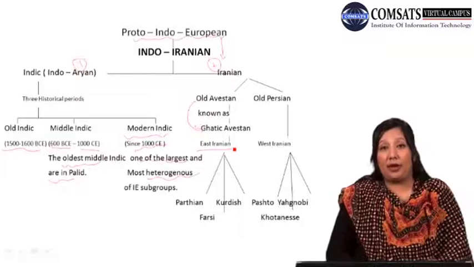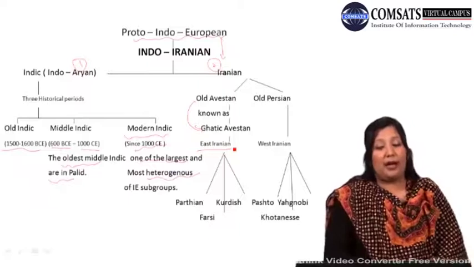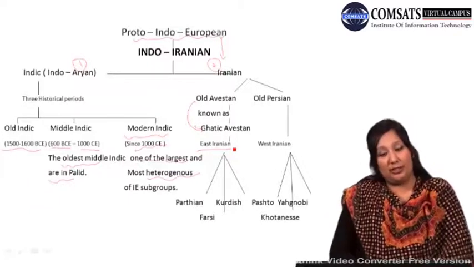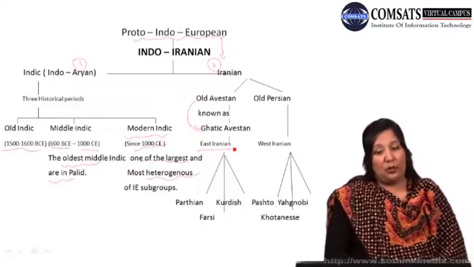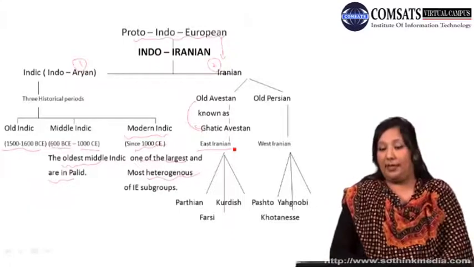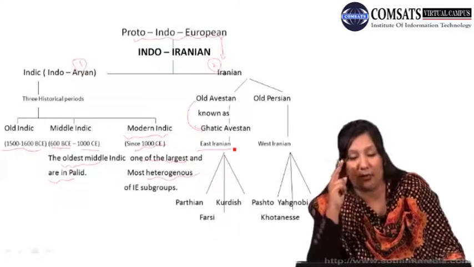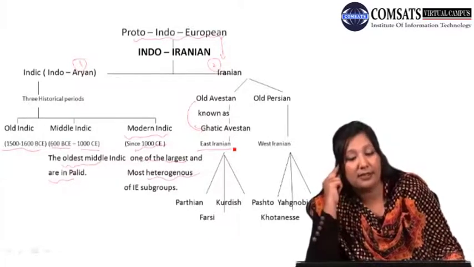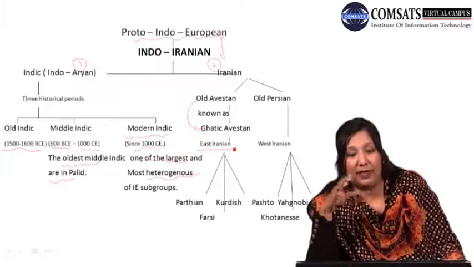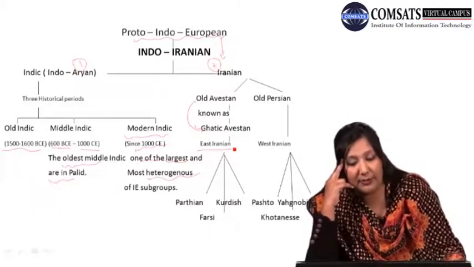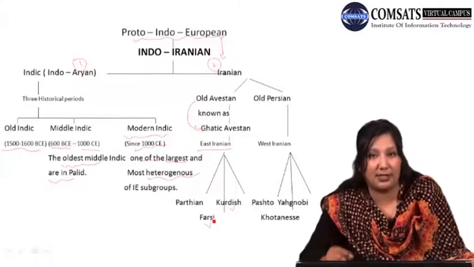This East Iranian language is further subdivided into three main categories. One is Parthian, the second is Kurdish, the third is Farsi. You can see there are two very important languages that we have noticed in this sub-branch of the Iranian family of Proto Indo-European: Kurdish and Farsi.